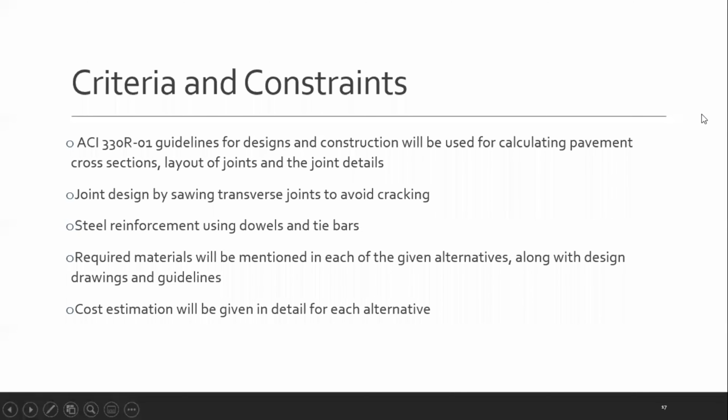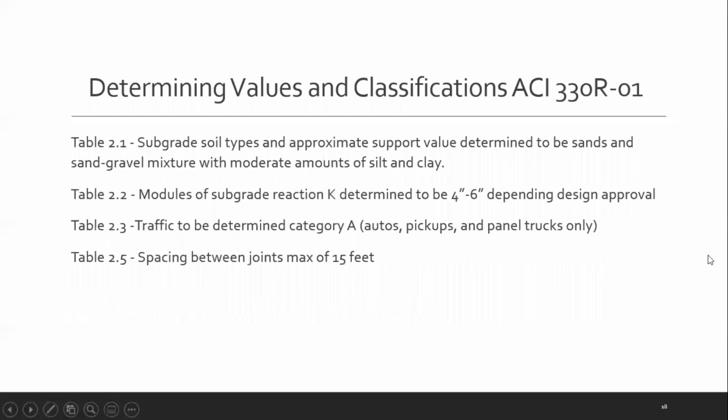The criteria and constraints that will be followed will be using the ACI 330R-01 guidelines for design and construction, which will be used to calculate the pavement cross-section, layout of joints, and the joint details. The joint design will be sawing transverse joints to avoid cracking, and for steel reinforcement, we'll be using dowels and tie bars. Required material will be mentioned in the given alternatives and the design drawing and guidelines. Cost estimation will also be given in detail for each of the alternatives.